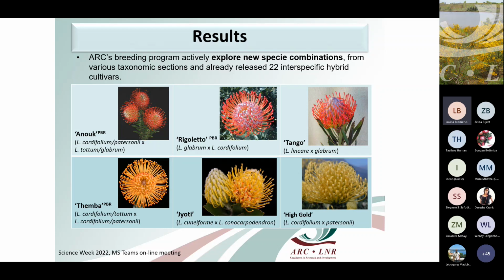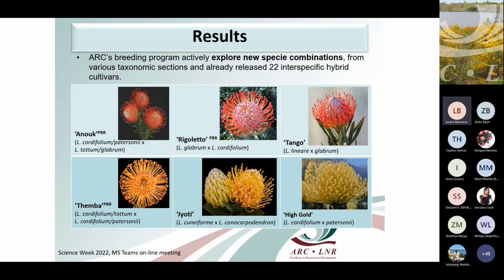And can we breed pincushions? Yes, we can. And you will also see that the topic of my talk is interspecific hybridization, meaning making crosses between species. For example, here, Anouk was released by the ARC with plant breeders' rights. It's a combination of 4 different species.